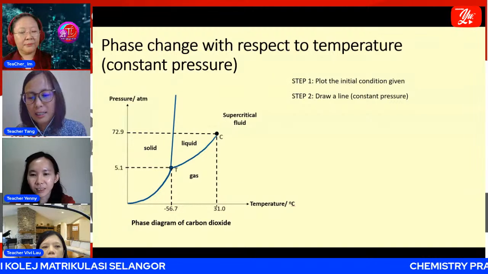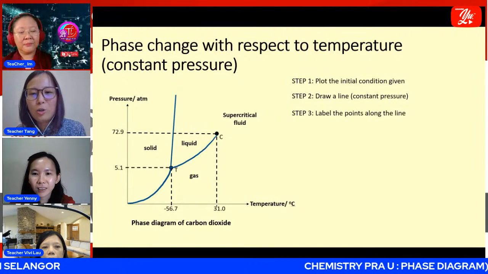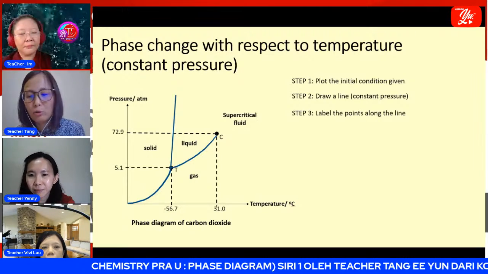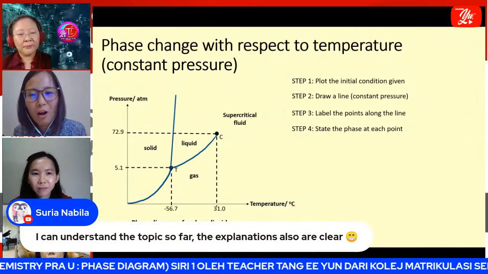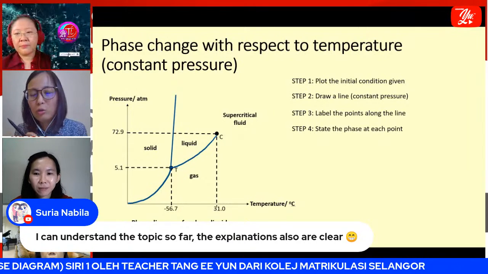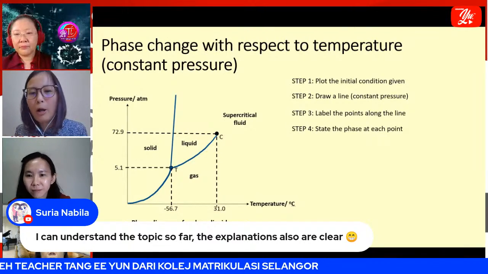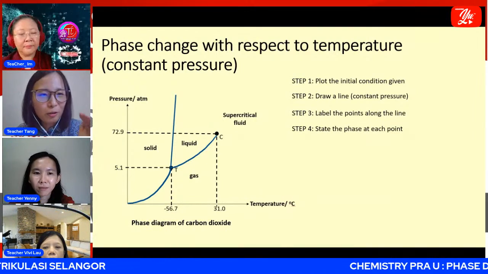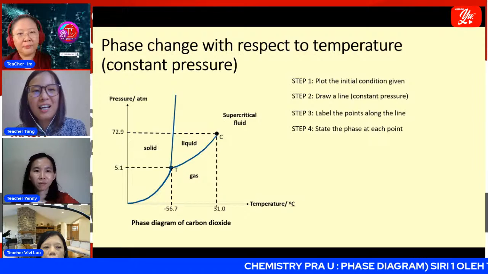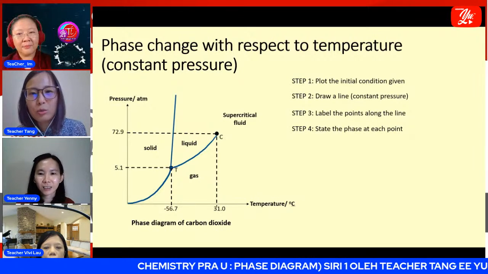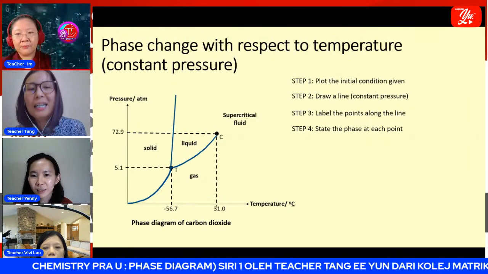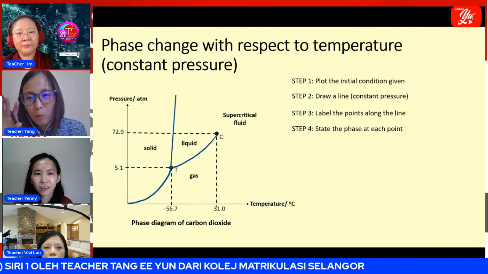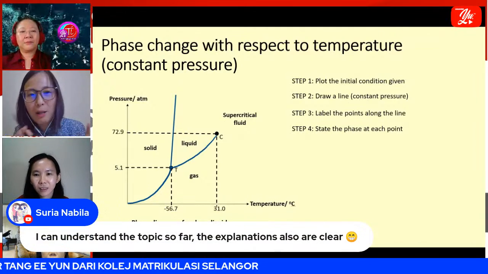Step number 3, you need to label the points along the line that you drew in step number 2. Step number 4, you need to state the phase for each point that you labeled in step number 3. So to explain phase change with respect to temperature when pressure is constant, there are 4 steps you can follow to answer this kind of question.